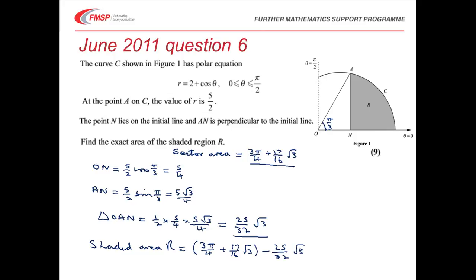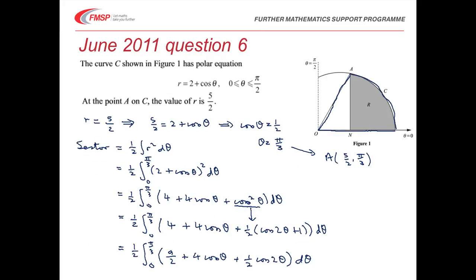And then when we collect like terms, we get the area is exactly 3 pi by 4 plus 9 over 32 root 3. And that's the exact area of shaded area R.